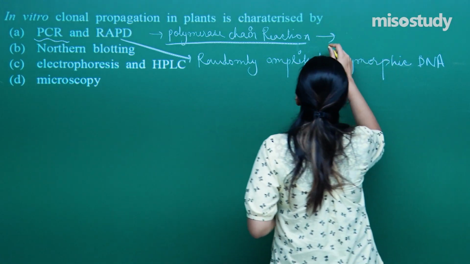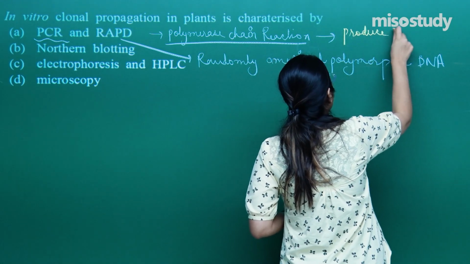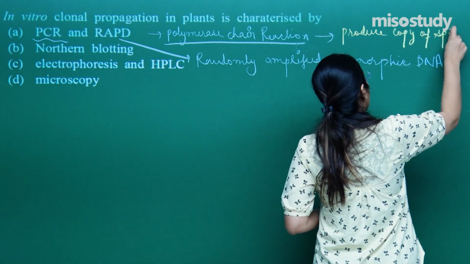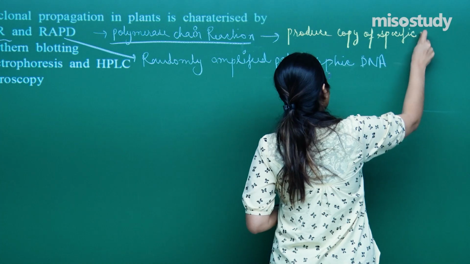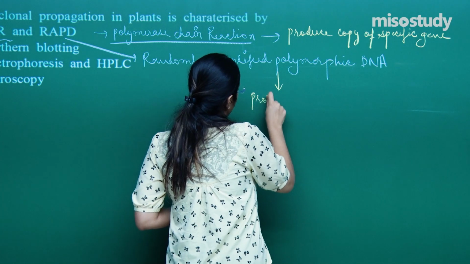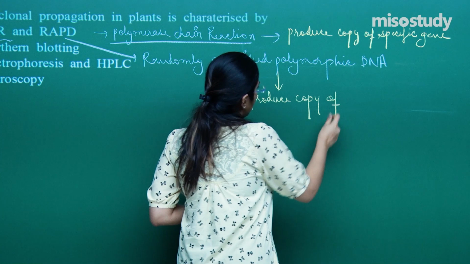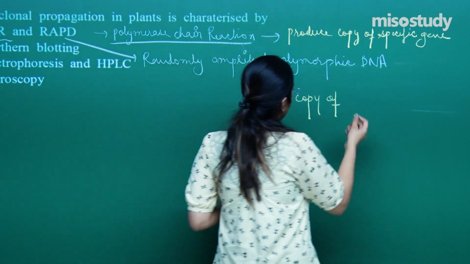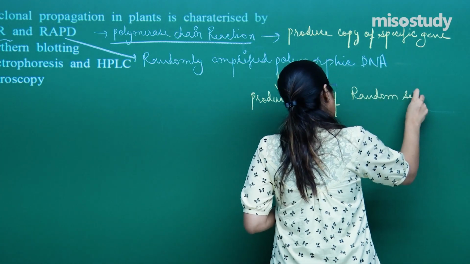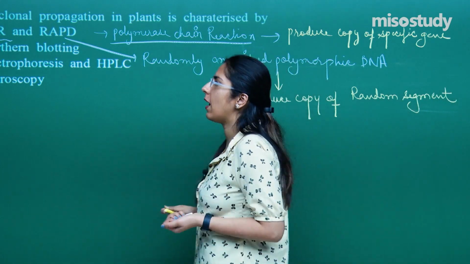So, this is the characteristic feature: PCR produces a copy of a specific gene, whereas RAPD produces a copy of a random segment. So, this is the difference between RAPD and PCR.